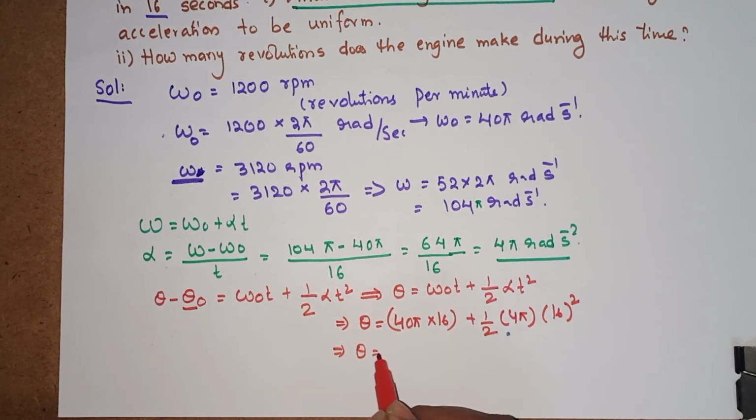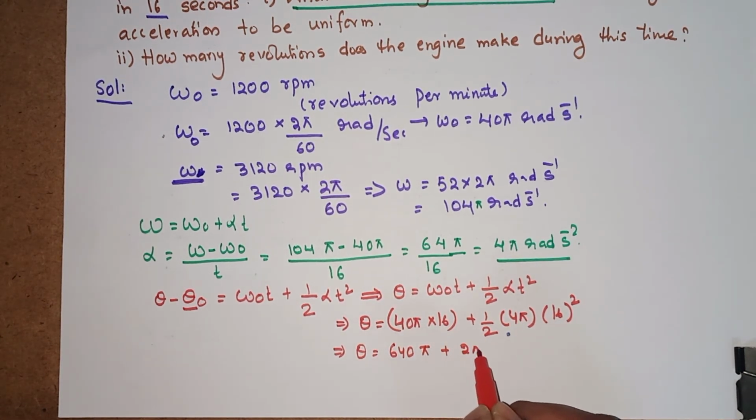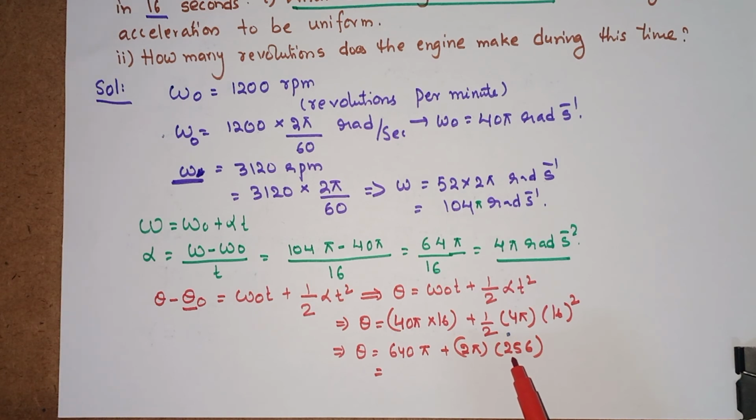Theta is equal to 640 pi plus 2 pi times 256, which is 512 pi. 512 plus 640 gives 1152 pi. This is the angle. Now we need to convert it into rotations.